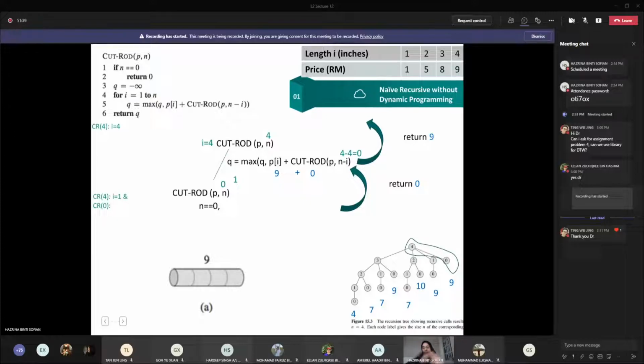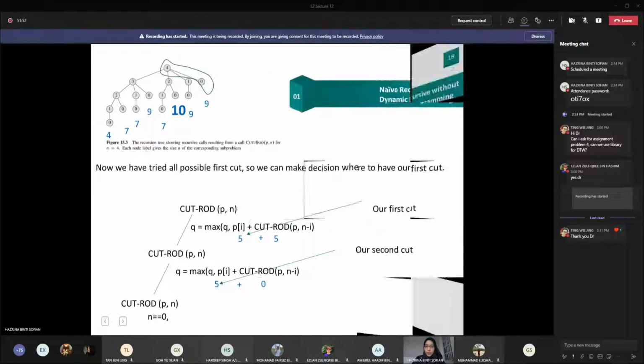But maybe they already put in the price for the revenue, so we don't consider that. So this is how we know that we have tried all possible cuts, so we can make a decision where to have our first cut. So our first cut is 2 and our second cut is 2. Okay, so this is how the computer thinks without dynamic programming.